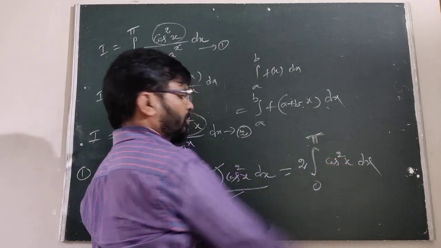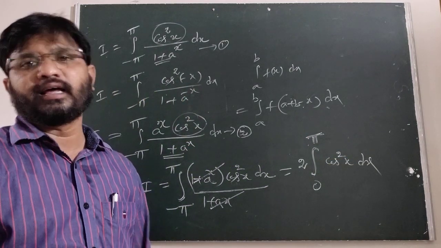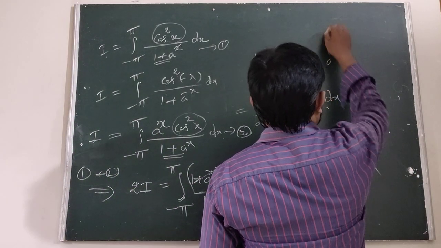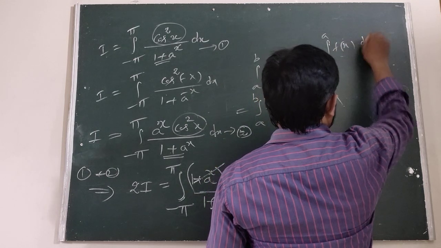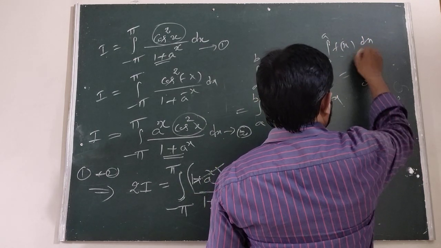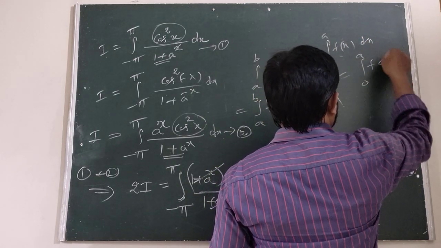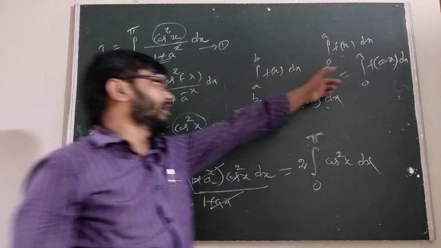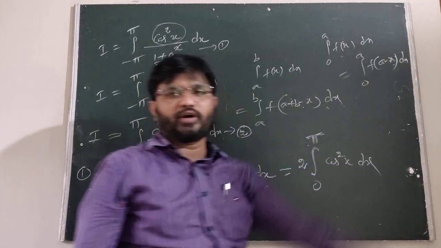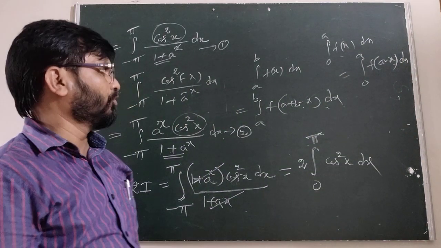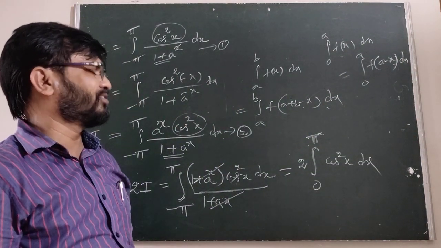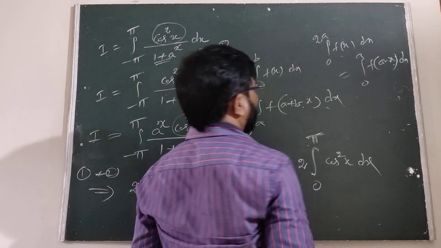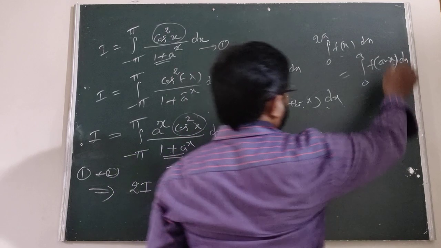The integral 0 to a f of x dx is the integral 0 to a f of a minus x dx. That means if you take 0 to a f of x, by the first property, this is 0 to a f of a minus x dx. Therefore, all of you listen here, when we take 2a, suppose f of 2a minus x, is it clear?